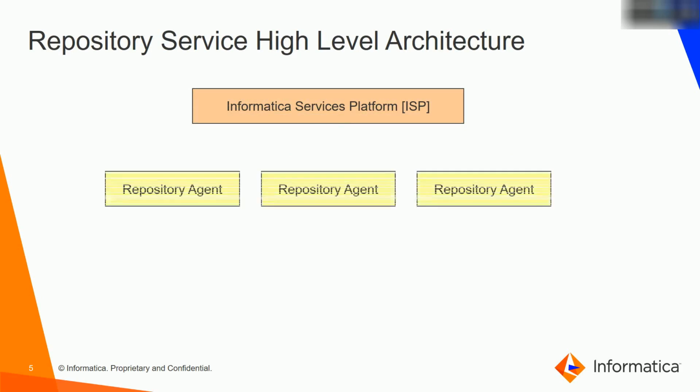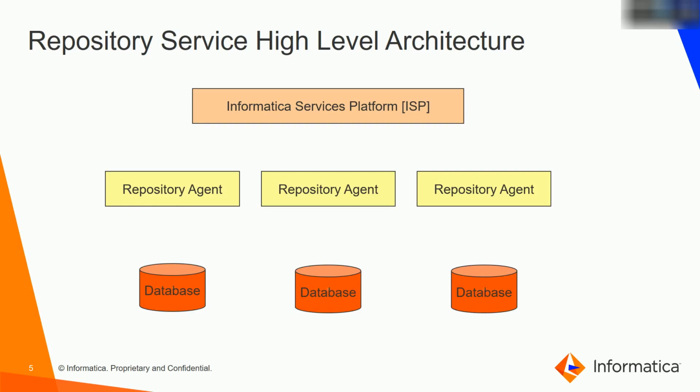Informatica Services Platform and the repository agent services. The repository agent, RA, is the process that services the repository. It's a multi-threaded server built with the ACE framework. This repository agent is the gateway for any access to the repository metadata from the database.